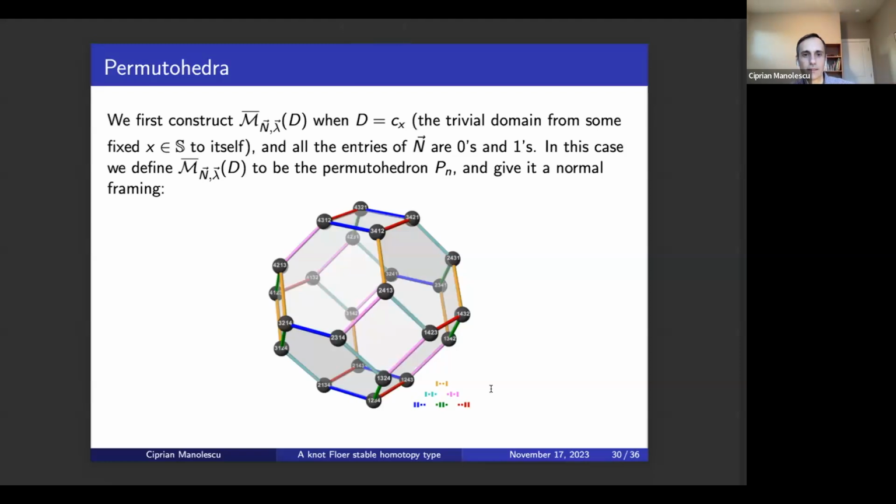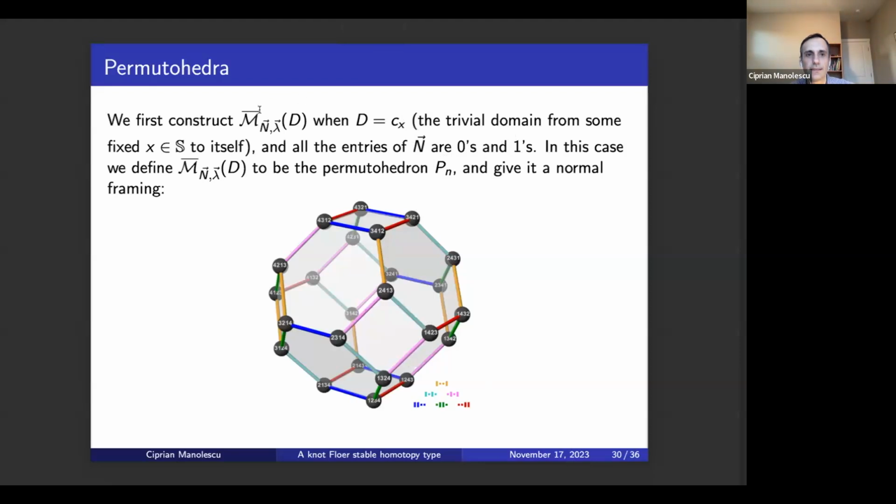Okay, so how are we going to construct them? First, we construct them by hand when the domain is trivial, and when we only have at most 1 bubble through each O marking.